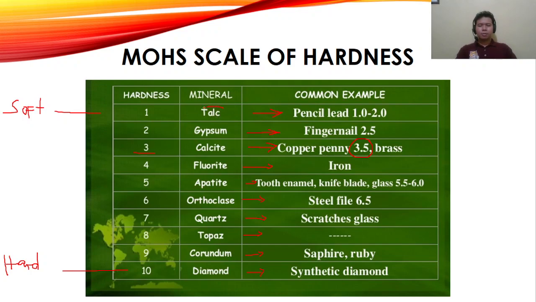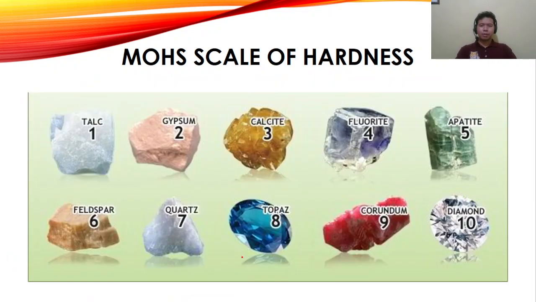All the other minerals listed above can be scratched by the diamond, simply because the diamond is the hardest among the other minerals. Now, these are the minerals representing the Mohs scale of hardness.